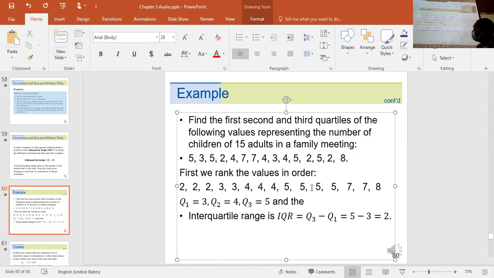So if we have our data values like this, we know there are 15 of them. How do we find the median? Anybody remember? How do we find the median?